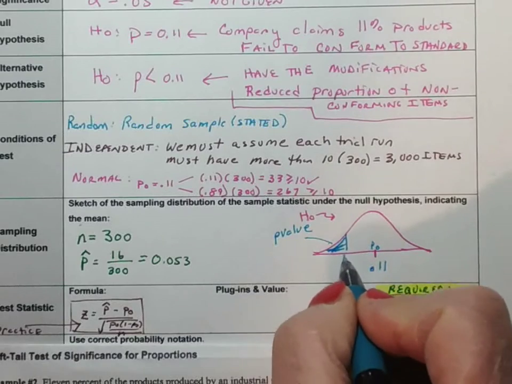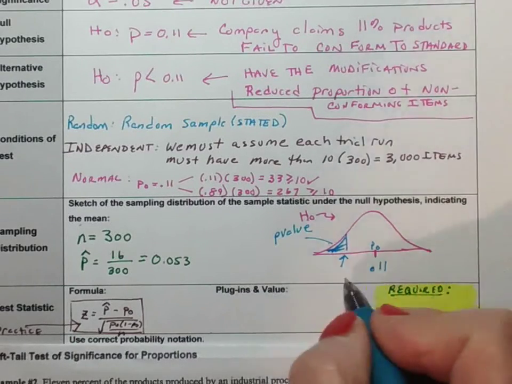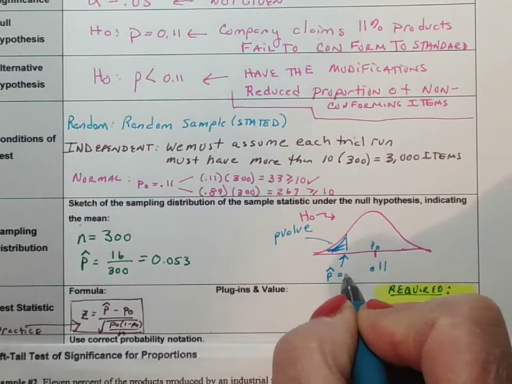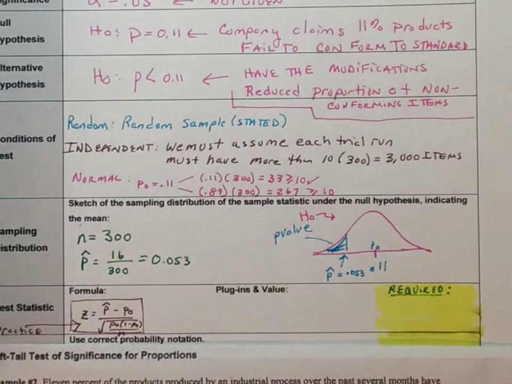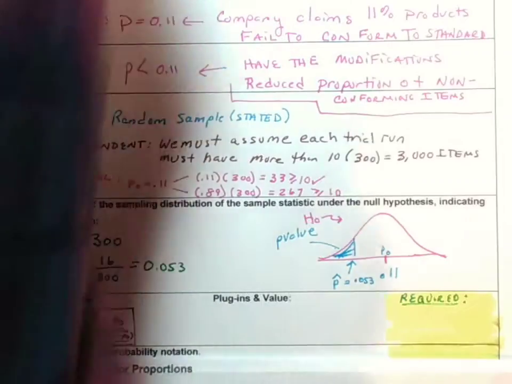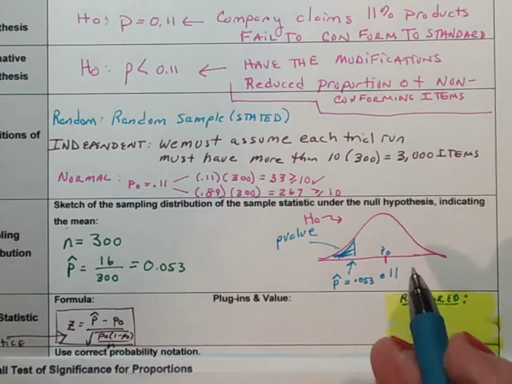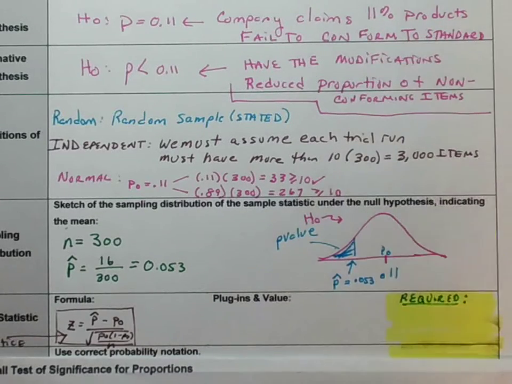And the p-value is going to be based on our evidence, and our evidence is p hat is equal to 0.053. Now this is the formula, and the easiest way to remember this is basically a z-score, and we want to know how far this p hat is from the null hypothesis.